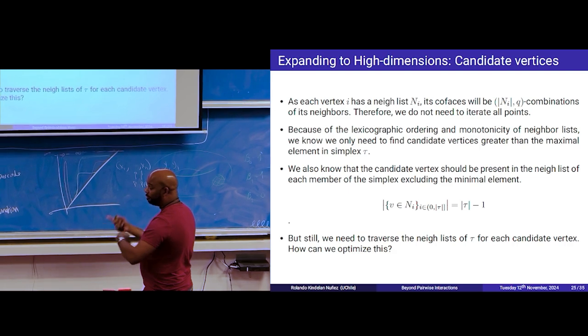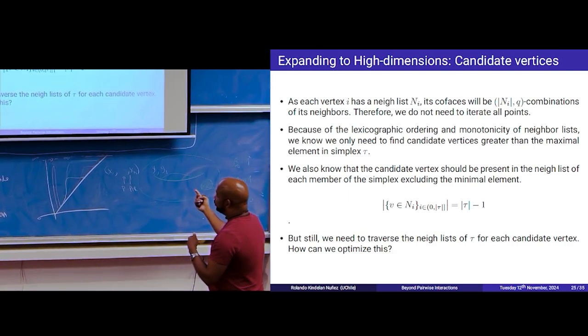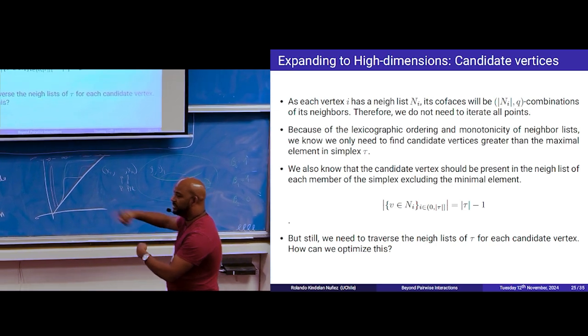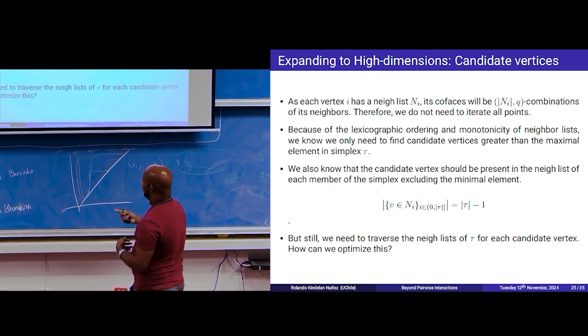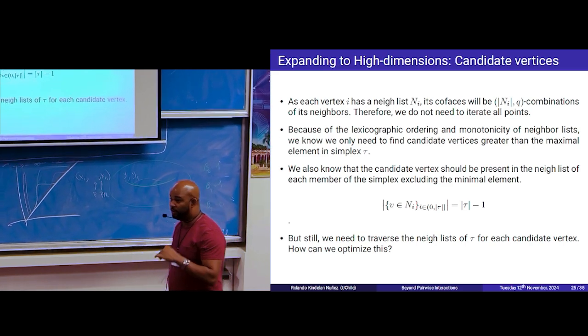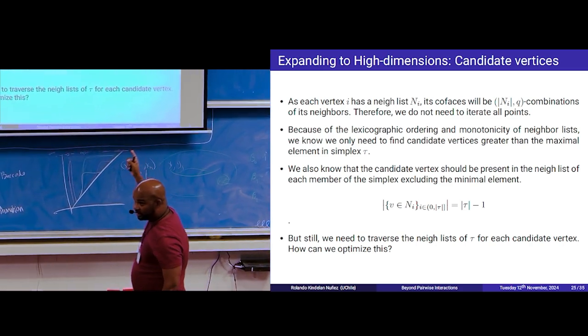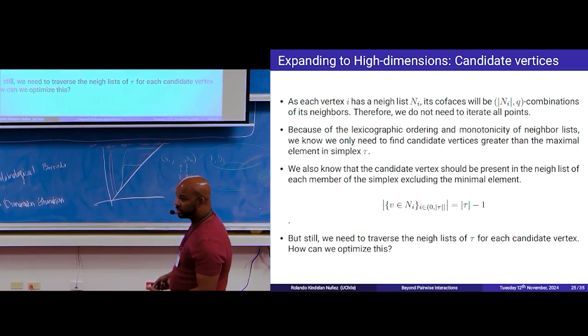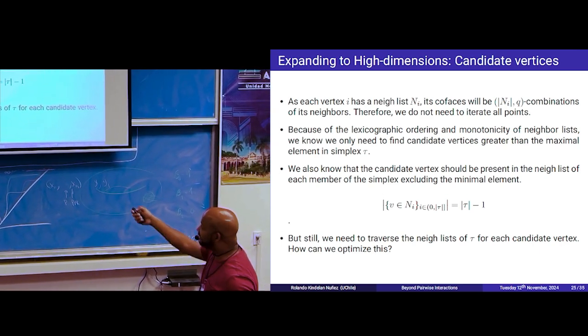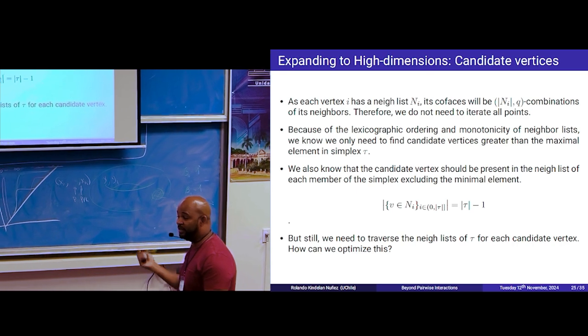So for any element that you find, you need to see if it belongs to the lists of the other remaining elements inside that simplex. If not, you know that that element cannot be the opposite face of that simplex, and you ignore it. So this checking is faster than evaluating the predicate.